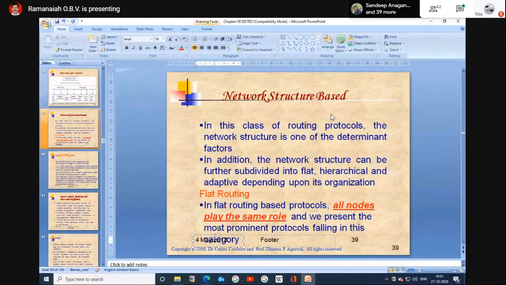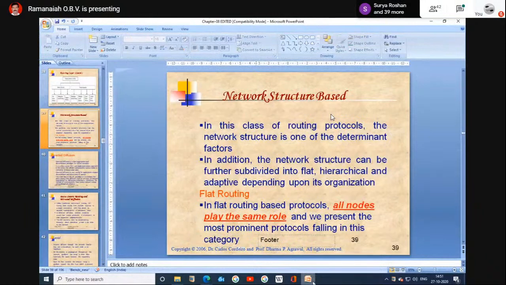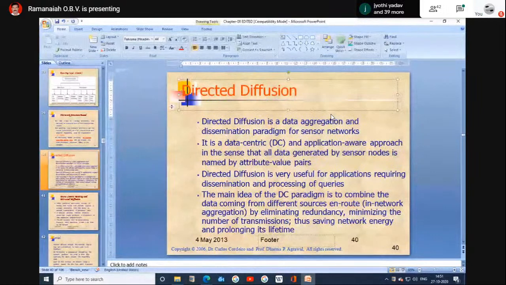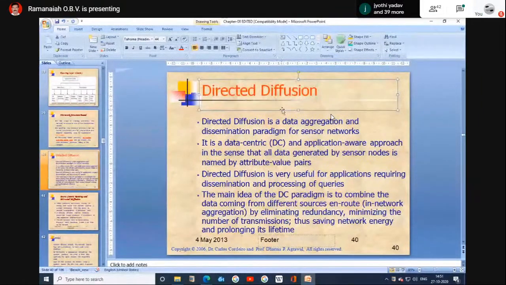The best example for this is a very popular protocol, and very important even from the examination point of view: directed diffusion. What is this protocol?